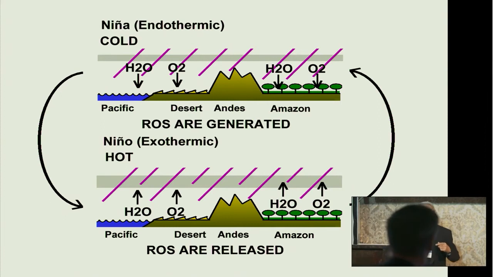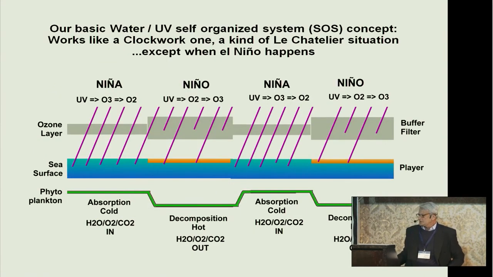But the job is endothermic, and the reverse is when El Niño happens, that is exothermic, and O2 is released, and because of the chemical reaction, the composition that UV makes on the H2O2, the hydrogen peroxide generated, then thickens the ozone layer. And this is the cycle.